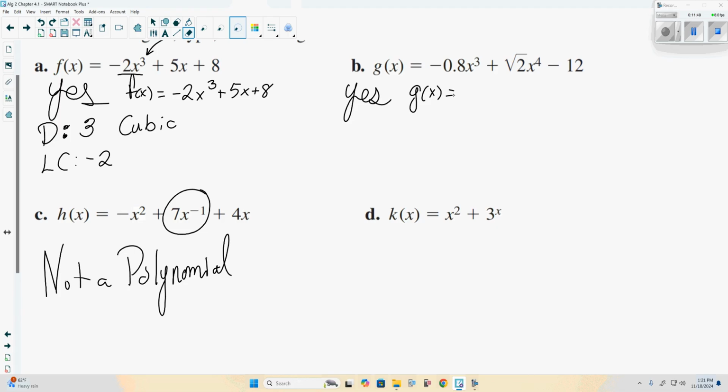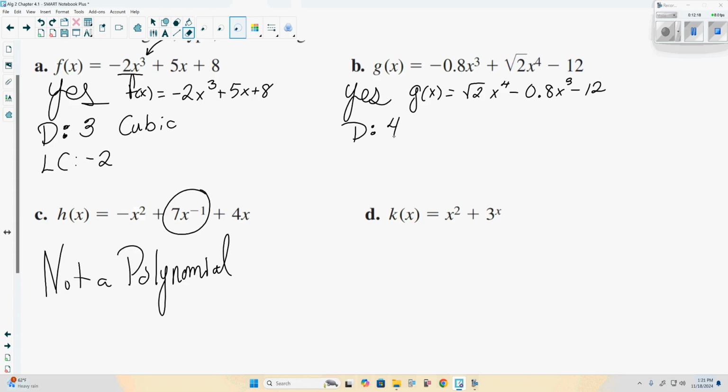G of x. In standard form, we'd have the square root of 2 times x to the 4th, because if that x to the 4th was inside the radical, then yes, it would not be a polynomial function. But since it's on the outside, that's fine. Then we have minus 0.8 x cubed minus 12. Now what's our degree? 4.